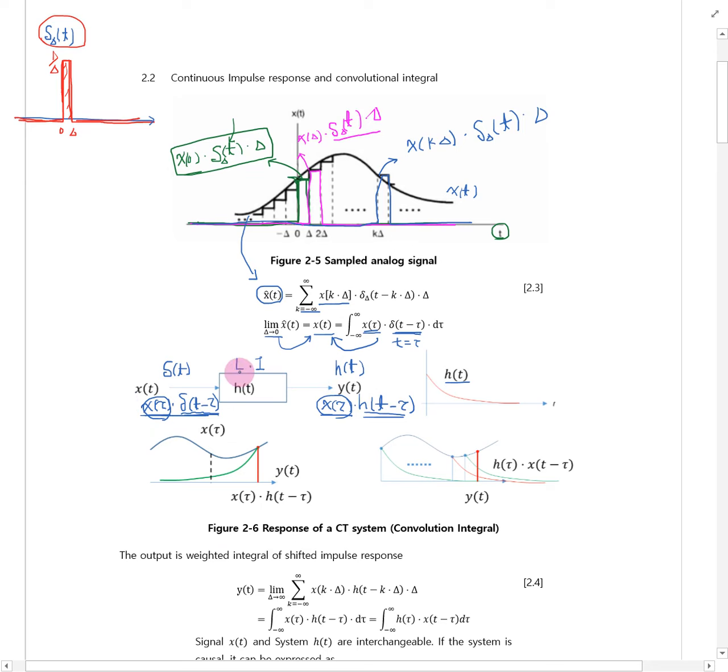And linearity also guarantees additivity. It means if you take the integration, the integration is supported like that. So taking the integral from minus infinity to infinity over d tau, this also satisfies this one. And this one, as we defined, is x(t). If we apply input x(t) to the system, then the output will be given as y(t).